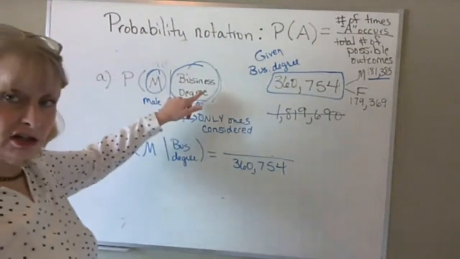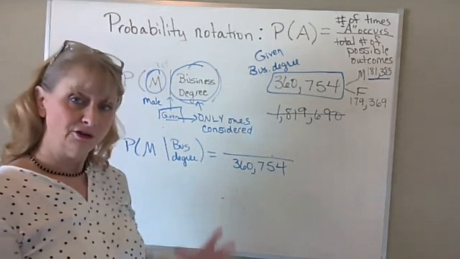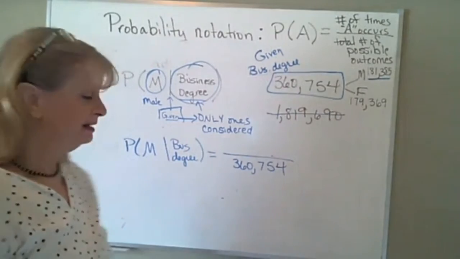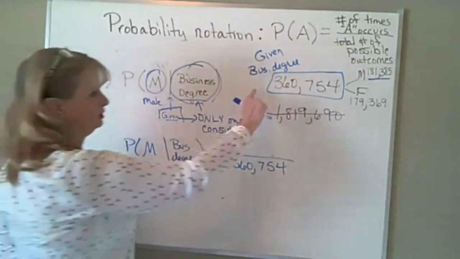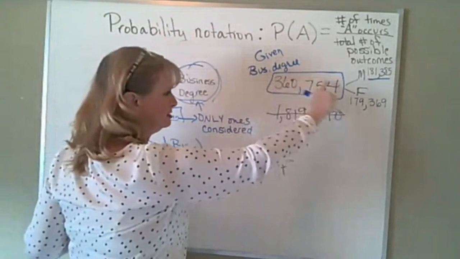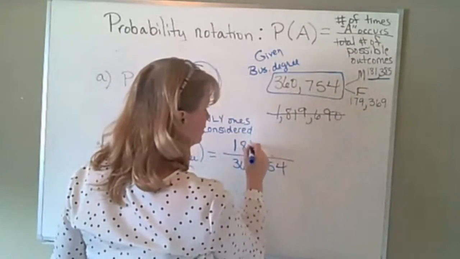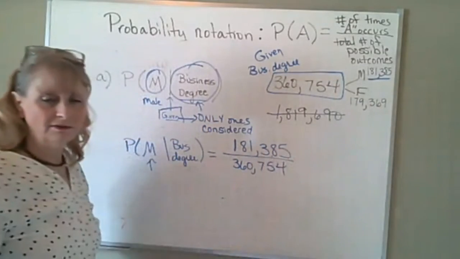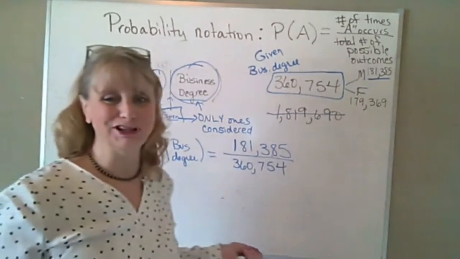The condition tells you what your sample space is. It narrows it down. So you're only looking at this set. And then out of those, I need to see how many were male. So I'm looking at these 360,754. Out of those, 181,385 were male.